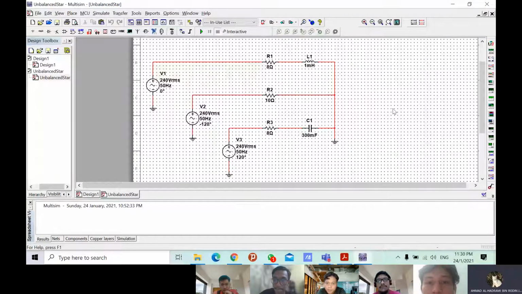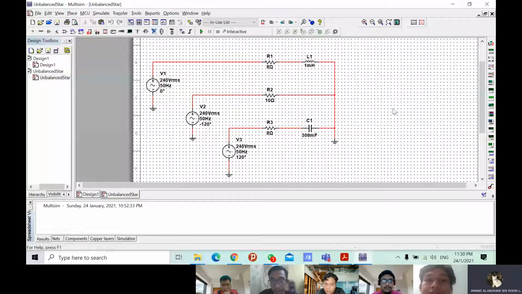For the inductor L1, we will be using 1 millihenry, and the capacitor we will be using in the circuit is 300 millifarad. All the circuit will be connected to one ground at the end, but also grounded to the supply.